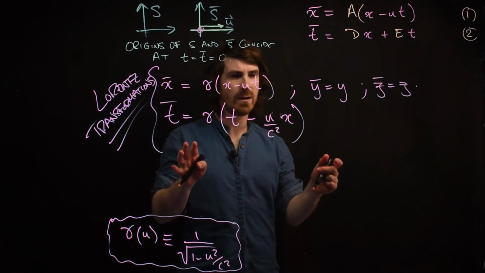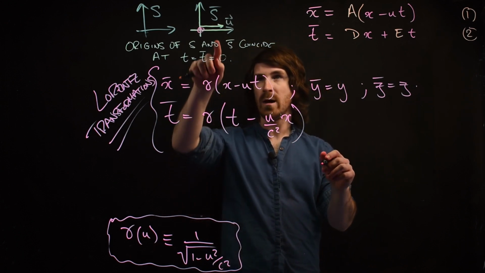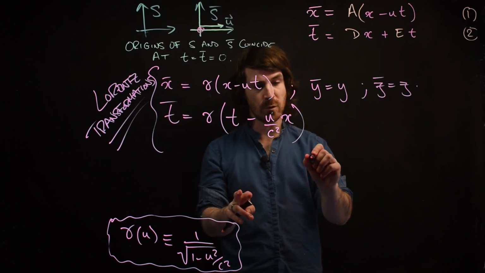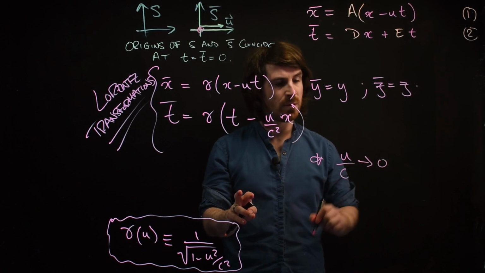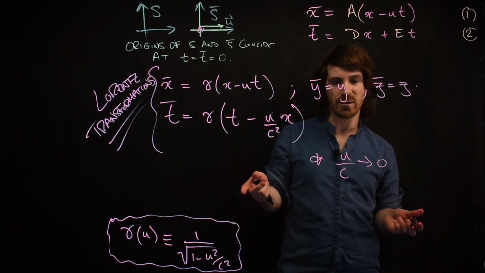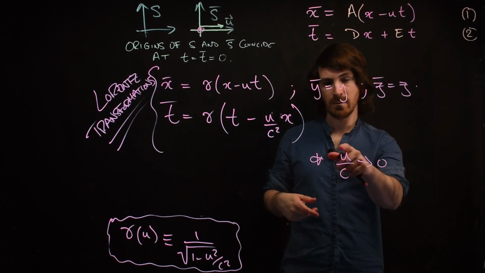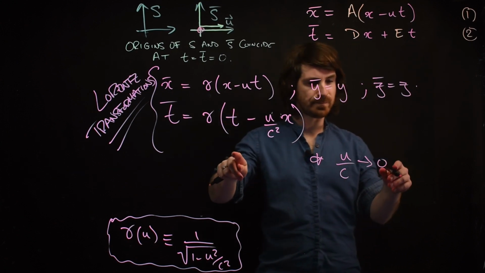Okay, so let's think about a sanity check. When the velocity u goes to 0, or more precisely, when u over c goes to 0, then we should get back our old Galilean transformations. The world that we know moving at slow velocities should re-emerge.